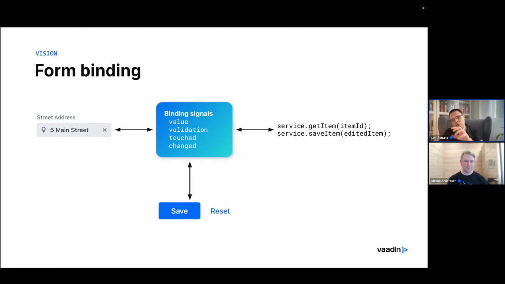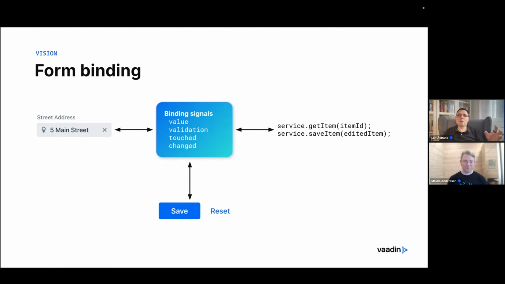And then finally, also some opportunities for signals towards the business layer, the services. So you would want to have maybe just a signal for saying that this is the selected item, and then the binder would update itself based on that and so on.